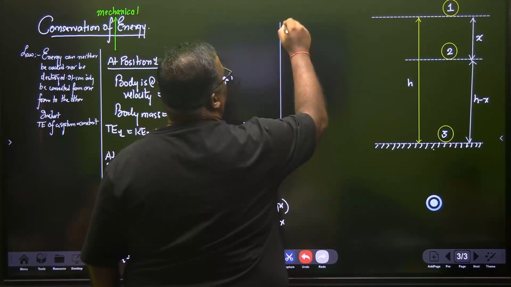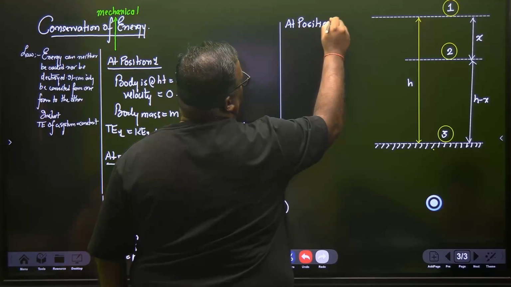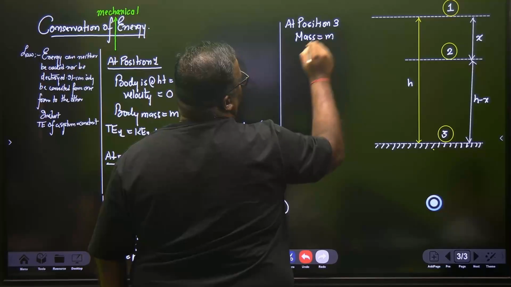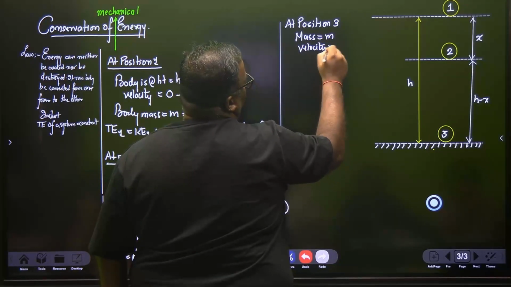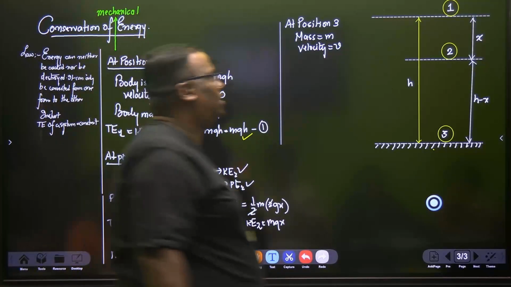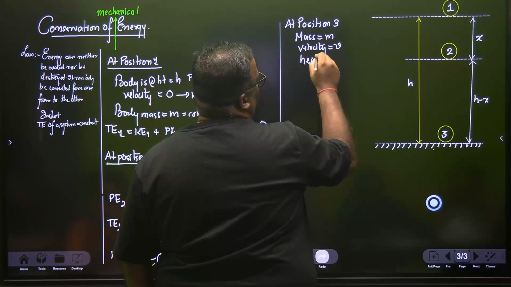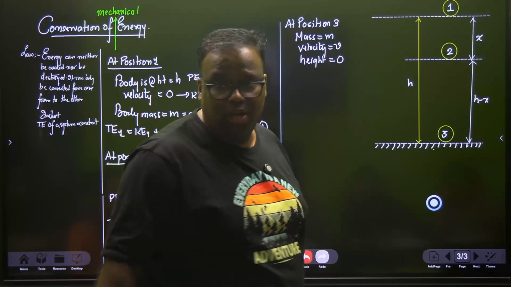Now we are at position 3. At position 3, mass still remains as m, right? Velocity, just before it reaches position 3, final velocity is v, okay? And the height is equal to how much? 0. There's no more height.